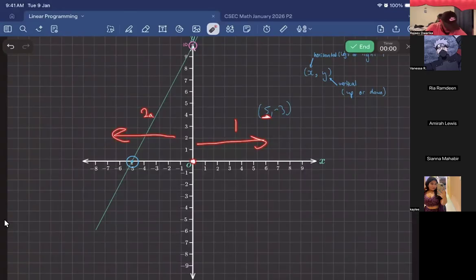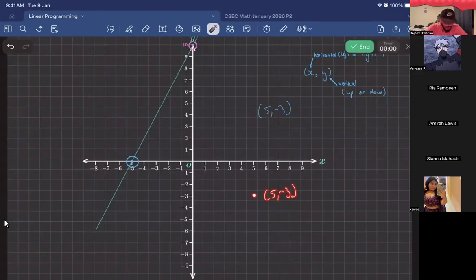Direction 1, to the right. So I'm going to move 5 spaces to the right. And then it told me negative 3, and that's on the y-axis. So would I move up or down? Down. I would move 3 spaces down, and that would carry me to the point 5 comma minus 3. Understand?